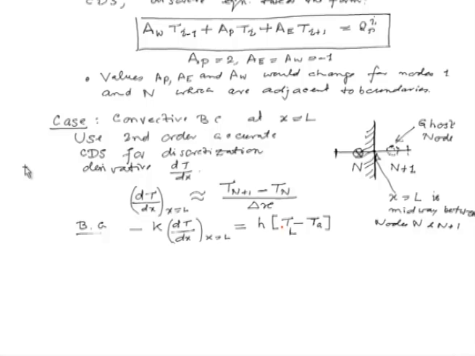Let us use simple average to approximate TL, that is TL becomes half of T of n plus 1 plus Tn.